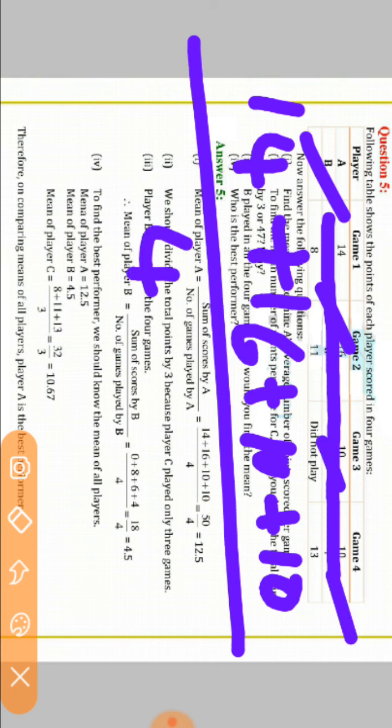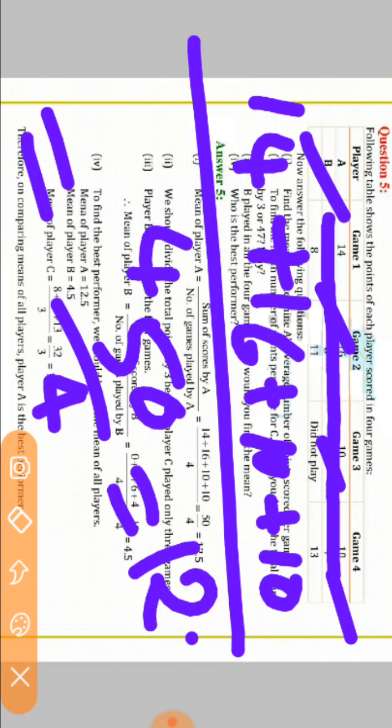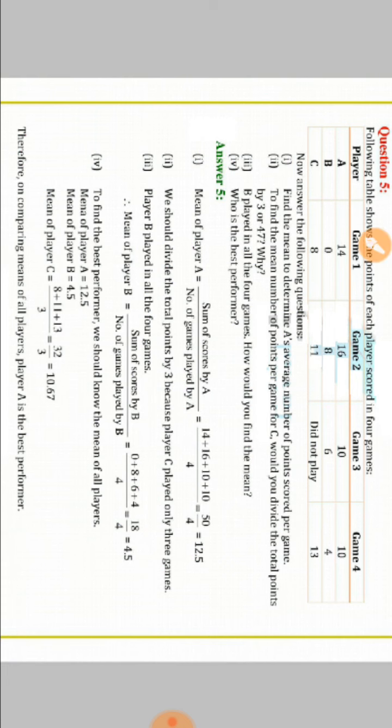Just divide by the number of games. 16 plus 14 is 30, 30 plus 10, 40, 40 plus 10, 50. So 50 divided by 4. If you divide, 12.5 will come. This 12.5 is nothing but the average of player A. This average means we can distribute 12.5 to all the games.